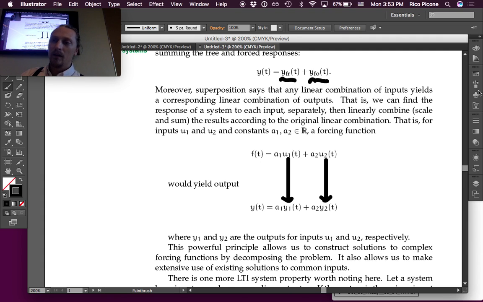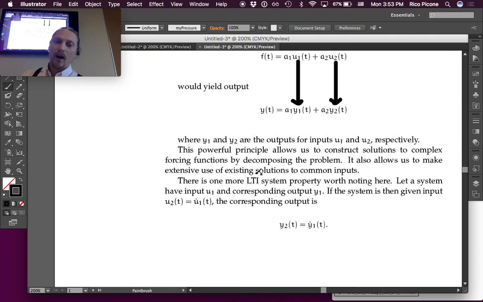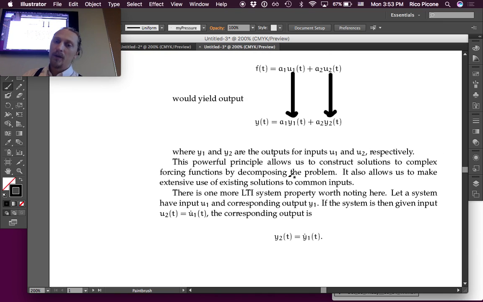All right, so this powerful principle allows us to construct solutions to complex forcing functions by decomposing the problem. It also allows us to make extensive use of existing solutions to common inputs. The two that I developed were for step input and for the sinusoidal input in this chapter.